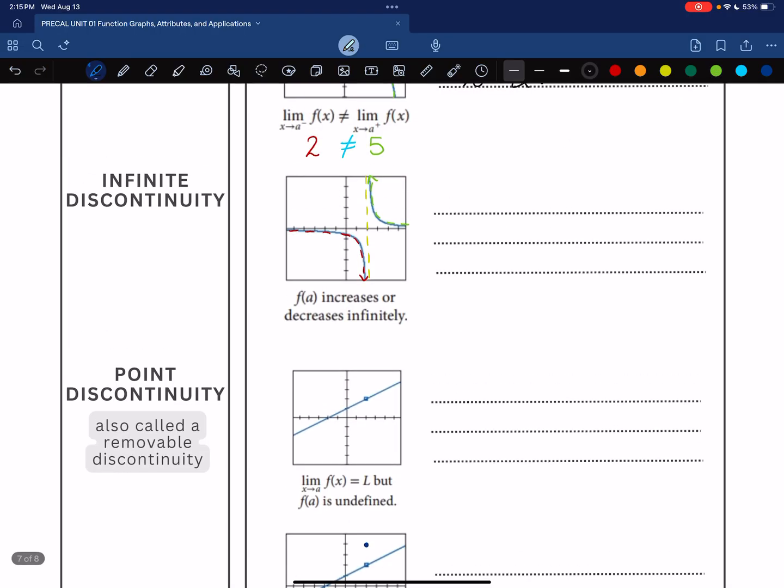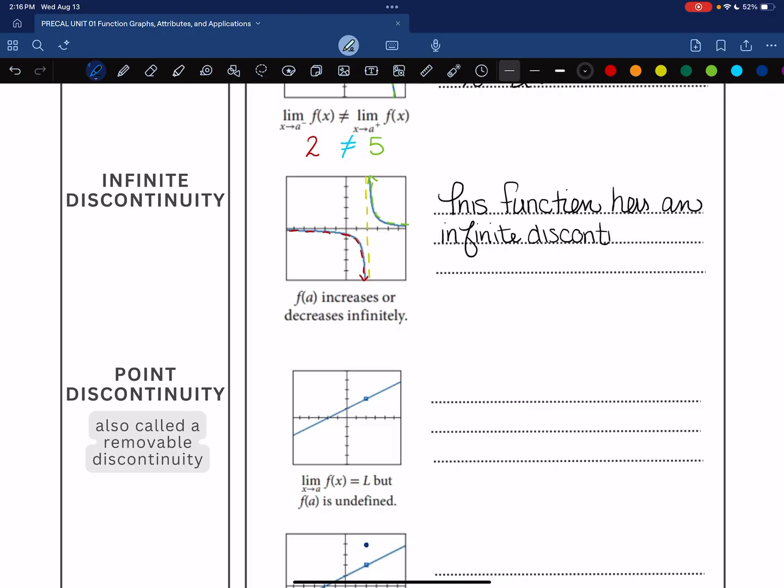So our statement that we would write to describe this graph is that this function has an infinite discontinuity at x equaling 2, because that's where that vertical asymptote occurs.